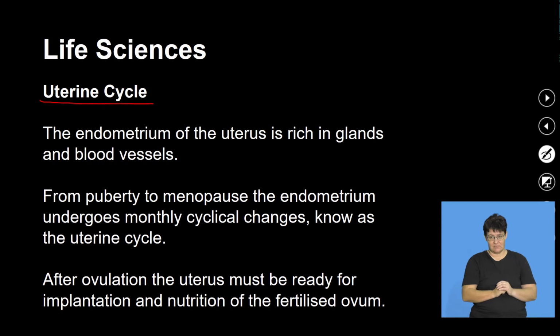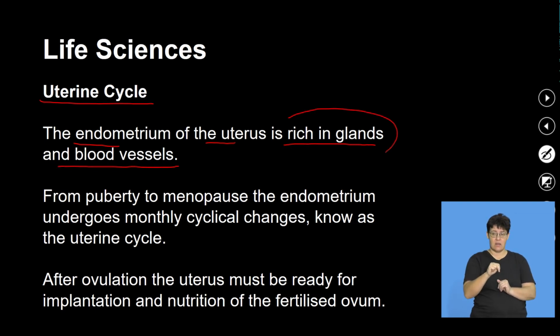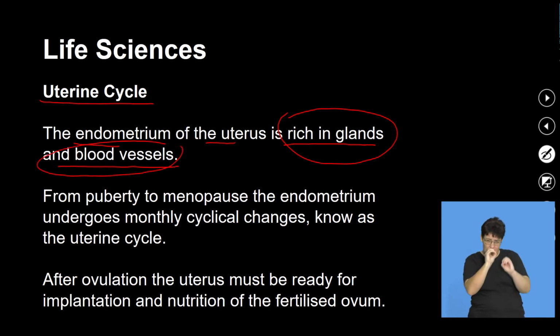Now, let's look at the process of the uterine cycle. So we've mentioned that the endometrium of the uterus is rich in glands and blood vessels. So we say that it is highly vascular because it contains lots of blood vessels, and rich in glands that produce secretions.